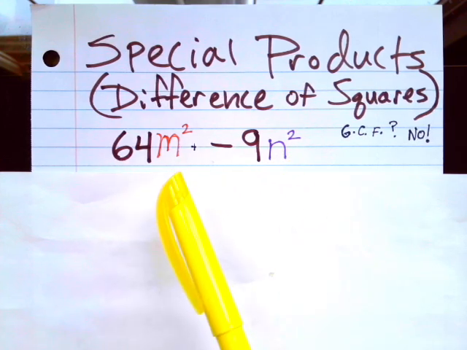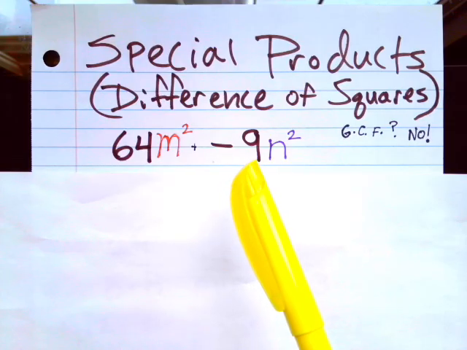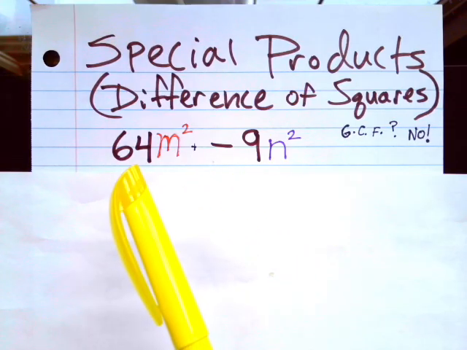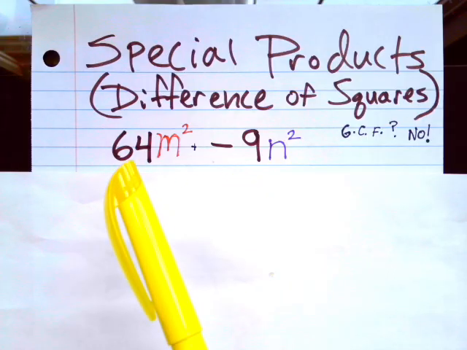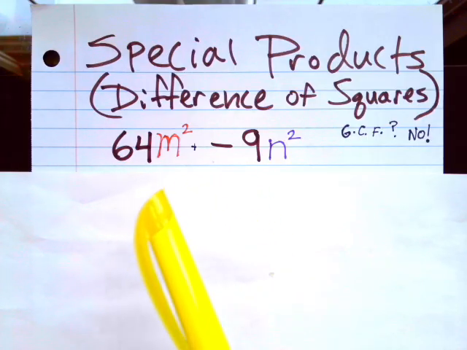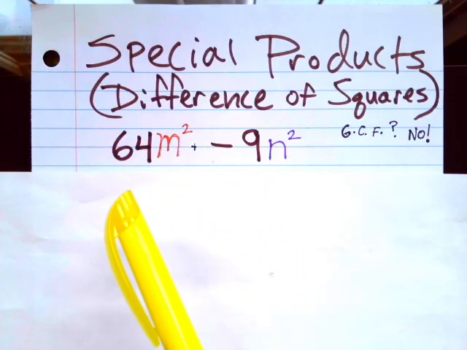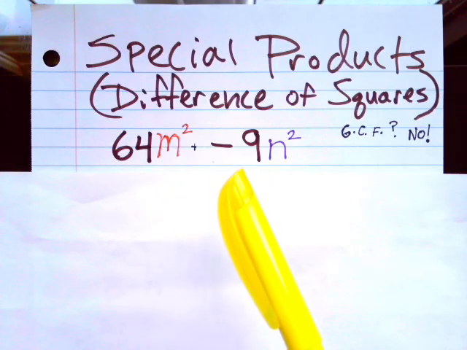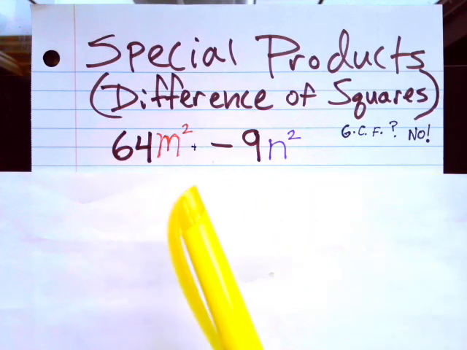letters, excuse me. Now I look at the negative 9 and 64. Is there a number that both of these terms, negative 9 and a positive 64, share that I can divide evenly into both of these numbers without getting a remainder, and that is not the number 1? No. So there are no greatest common factors with these two terms.